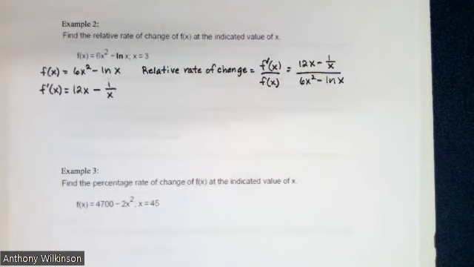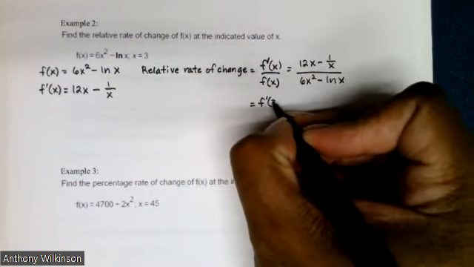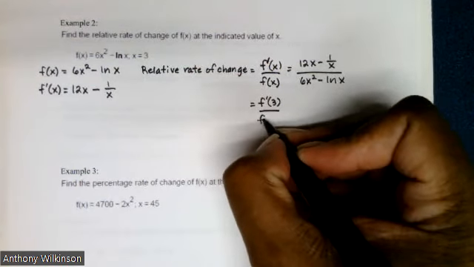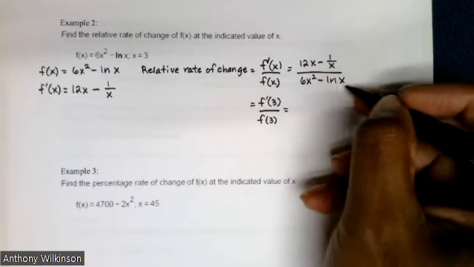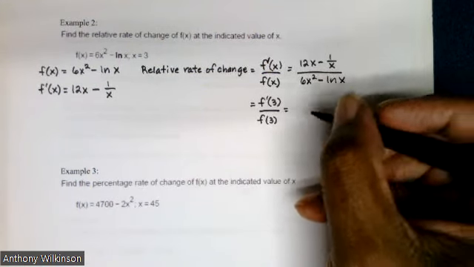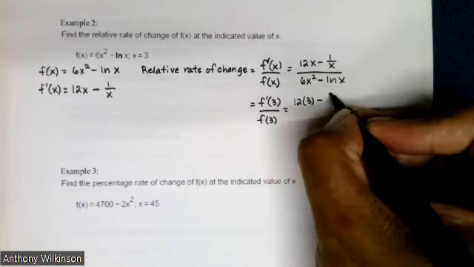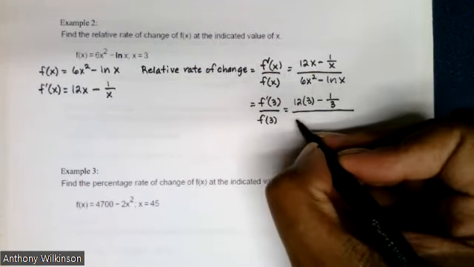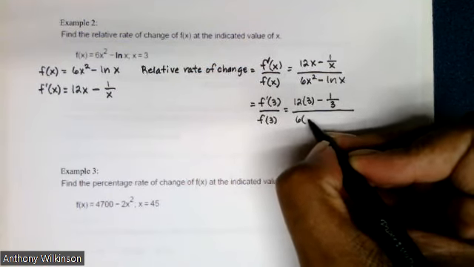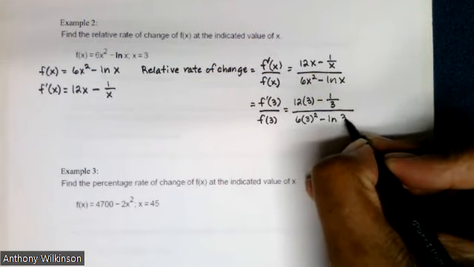Okay, so that's the relative change of f of x. Now for x equal to 3, we're going to find out what f prime of 3 is, and then what f of 3 would be in the denominator. So we'll just replace each and every x in the numerator and the denominator with 3. So it'll be 12 times 3 in the numerator minus 1 over 3, divided by the denominator, 6 times 3 squared, minus ln of 3.